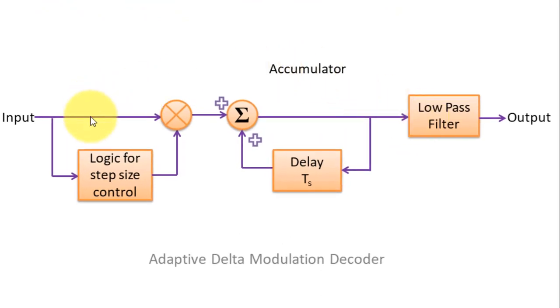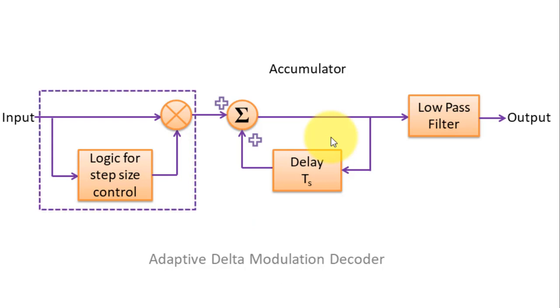This figure shows the adaptive delta modulation decoder. It is made up of basically three parts. In the first part, we have the input and the logic for step size control. The major responsibility of this part is, with the help of the input signal, to generate the variable step size with the logic for step size control, as we did at our transmitting side.